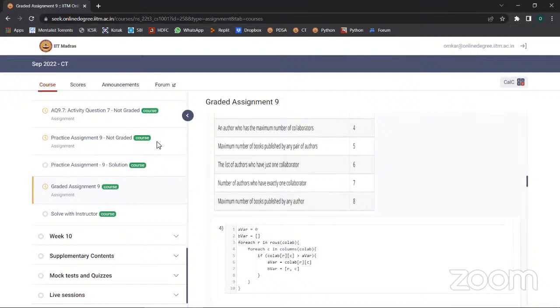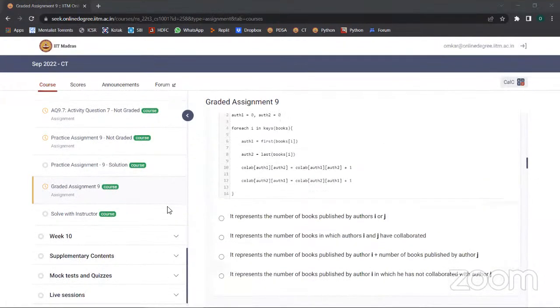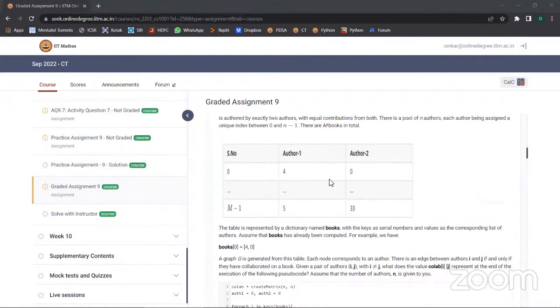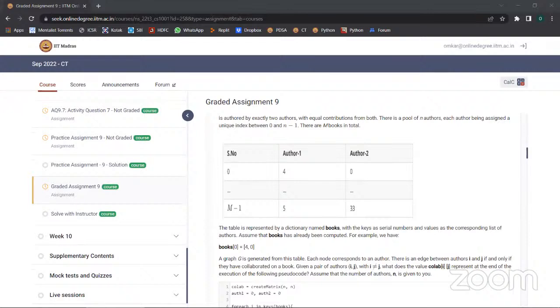The very first question is very much the same as this graded assignment. That will help you. Thank you very much. Yesterday there was a solve-with-us session, but still back-to-back sessions? Yes, because tomorrow is the last day. Okay, fine.